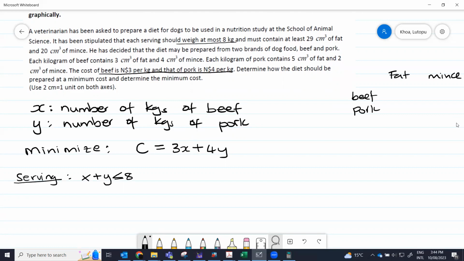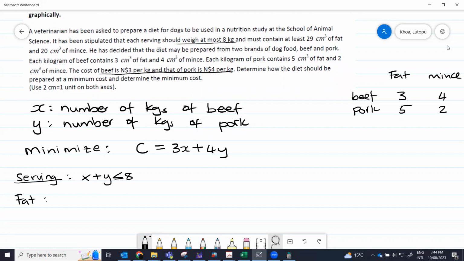Okay, the beef contains 3 fat and 4 mince. The pork contains 5 fat and 2 mince.